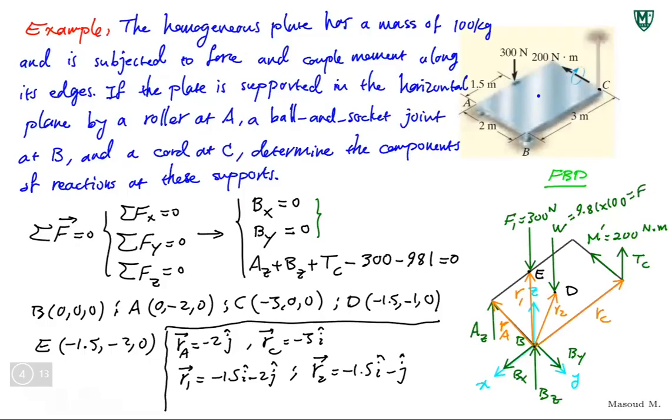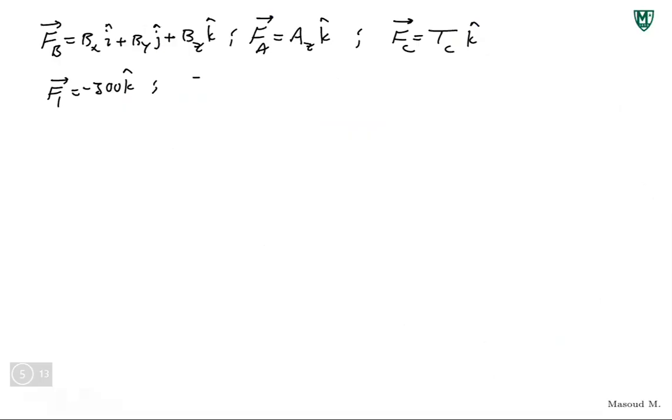It was W downward, 900, and so it's going to be minus 981. Okay. At least now we have everything there.